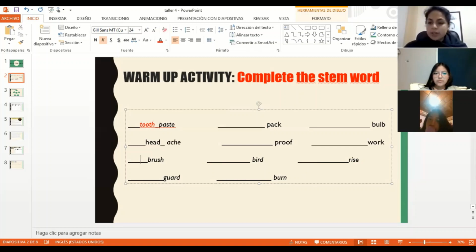What do you have for brush? For brush, what idea do you have? Something that you use in the mornings. What could it be, Jess? Brushes.